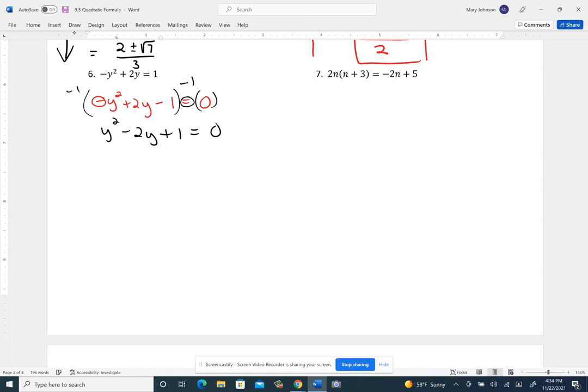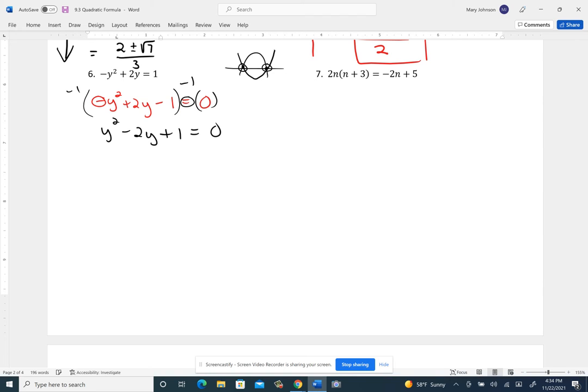Later when you look at this by graphing, the answers turn out to be where it crosses an axis. And if you have a negative out in front, the parabola might open down. You can switch it so it has a positive out in front. It opens up, but it'll still pass through those same two points. So anyway, it's okay to multiply through by negative is the point I'm trying to make.